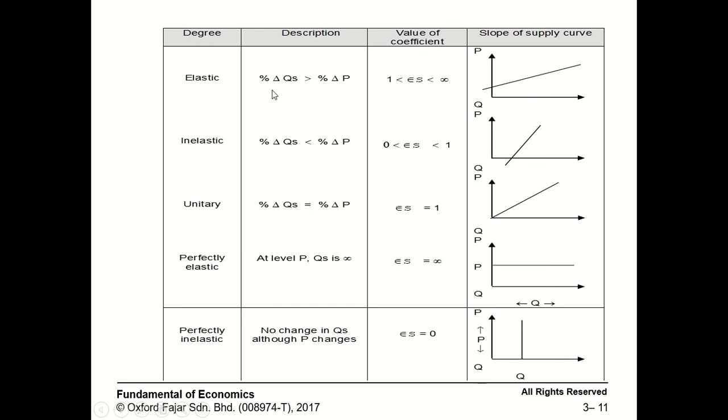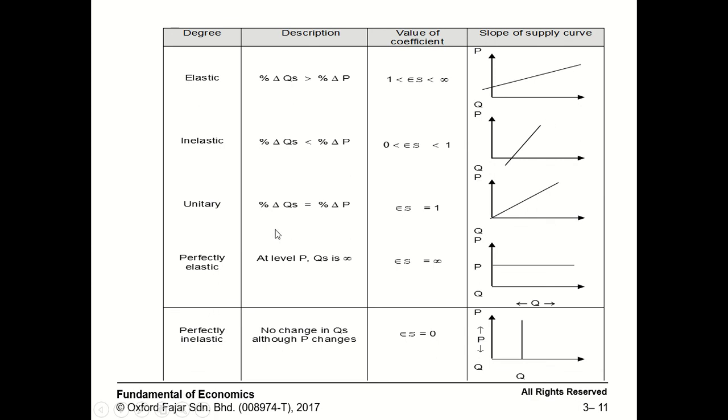Here you will notice that a small change in the price will lead to a bigger change in the quantity supplied, meaning the quantity supplied is a bit responsive or a bit elastic. Therefore, in the graph here, the curve is slightly flat.